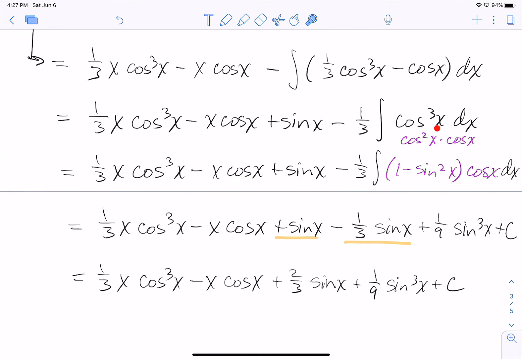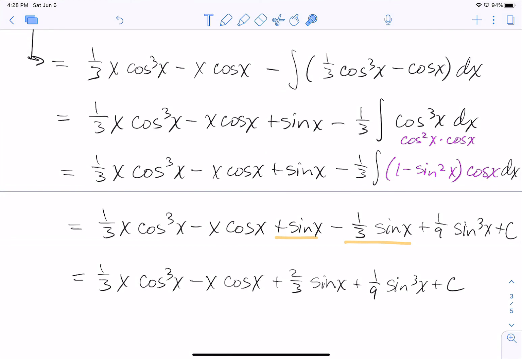I've expressed the cosine cubed of x as the cosine squared of x times the cosine of x. And then the cosine squared of x I've expressed using the Pythagorean identity, 1 minus sine squared of x. Letting u be the sine of x, we have du as cosine of x dx.